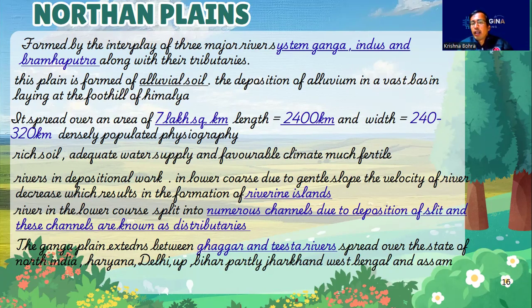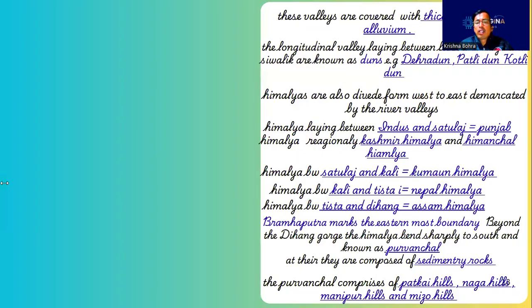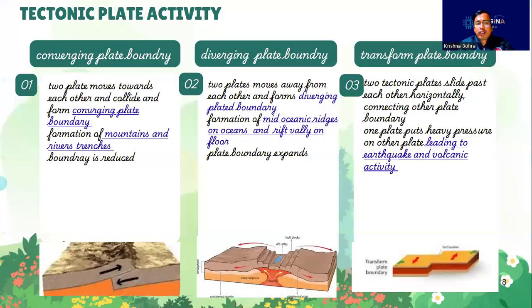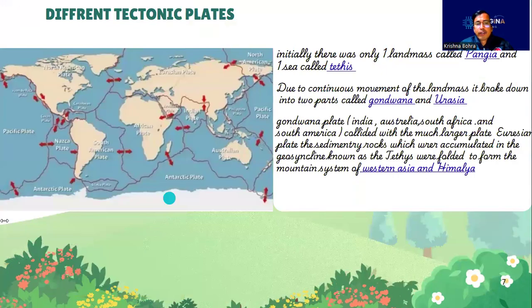When it enters the plain area with gentle slope, its velocity decreases and it also starts depositing things, and due to that they have to choose different paths.